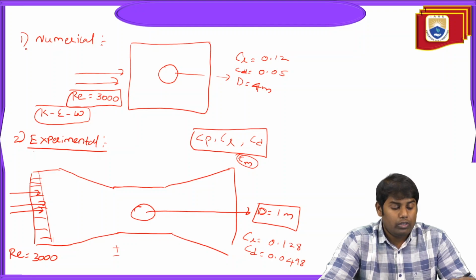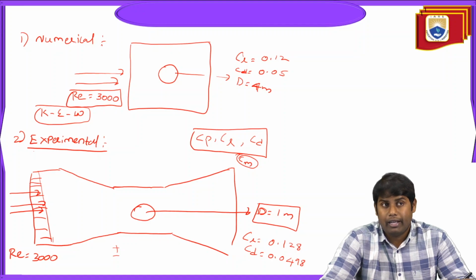The errors coming from experimental and the errors coming from numerical will result in a final error. That's why when you compare the numerical simulation results with the experimental, they should not match exactly. If it is matching, it's luck, but in general it will not match. You have some band, which is, let's say, 5%, 2%, less than 1%.